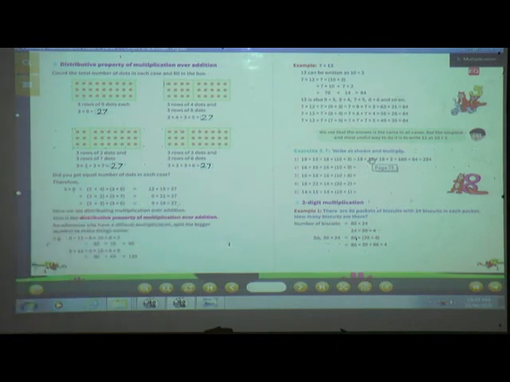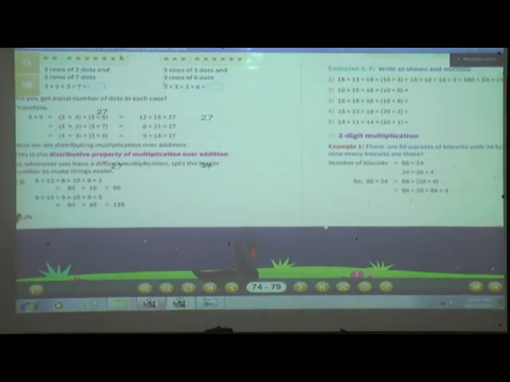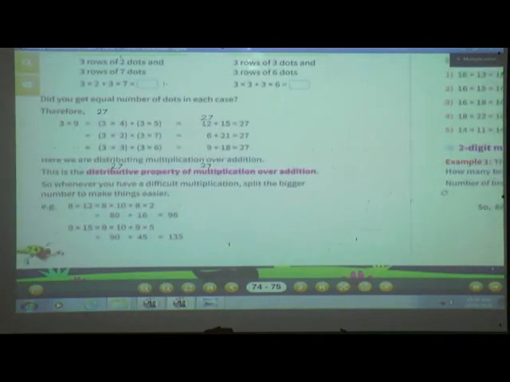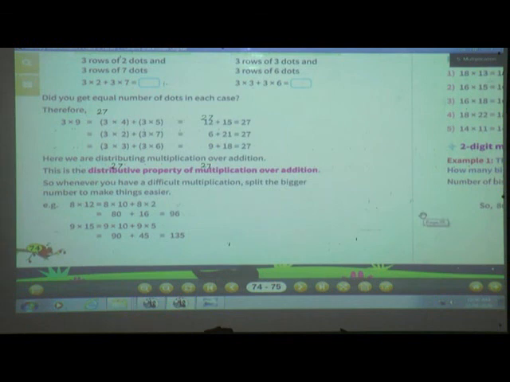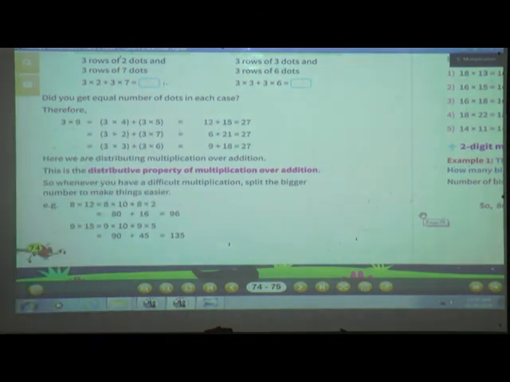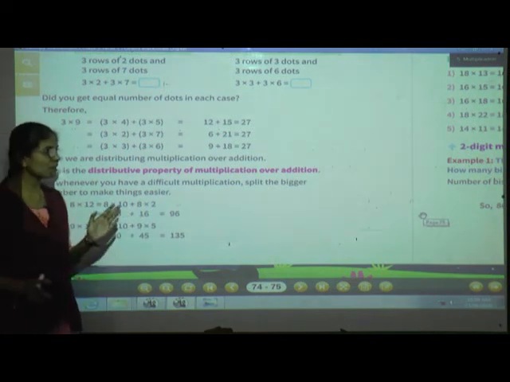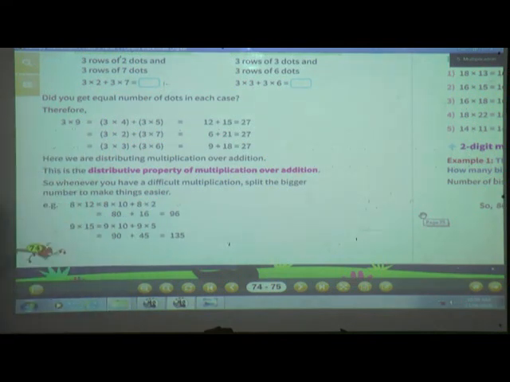Understood? Okay, now here one example we'll see. Whenever you have a difficult multiplication, what you have to do is split a bigger number into smaller numbers, then you can do the multiplication easily.